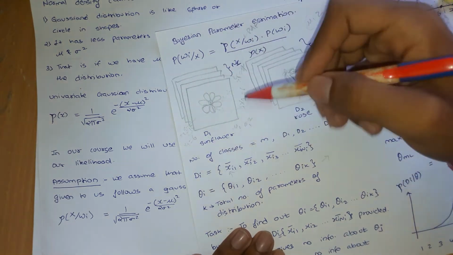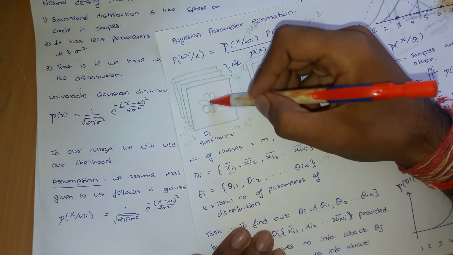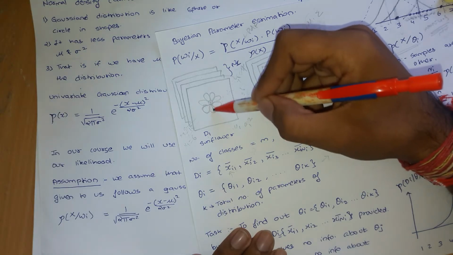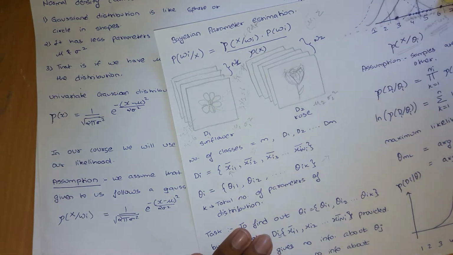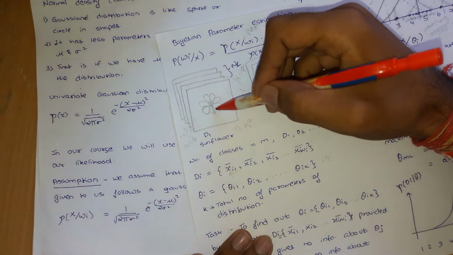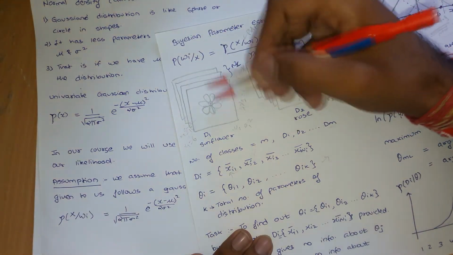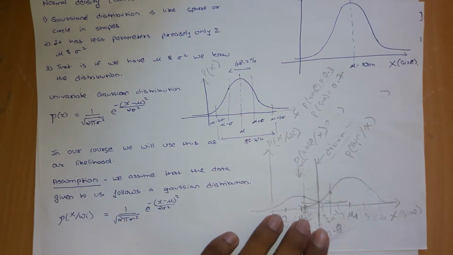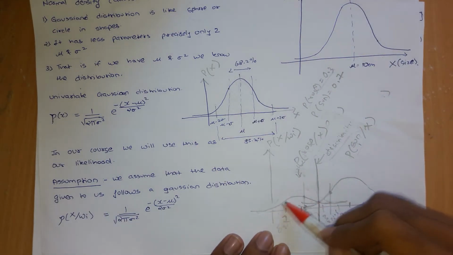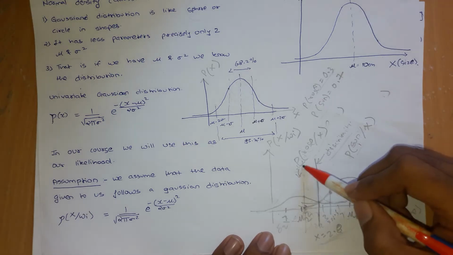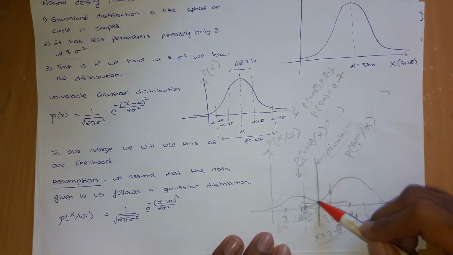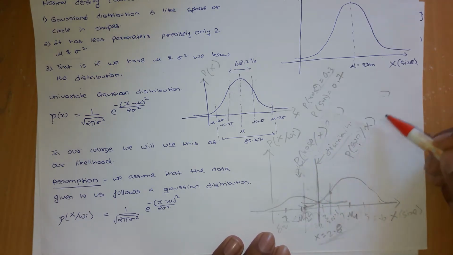This is my training data, I'm using this to train. So I have taken a feature, say size of the sunflower, size of the rose. I have taken a lot of these samples, trained the algorithm, and I've got these PDFs. So this particular curve belongs to P of rose given x, and this curve belongs to P of sunflower given x.